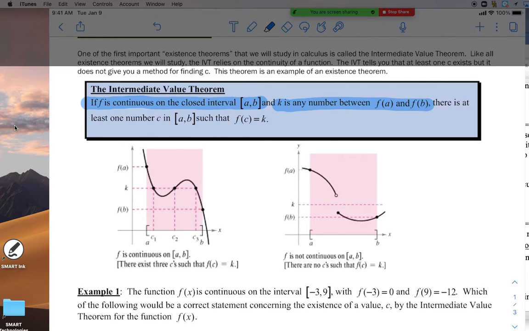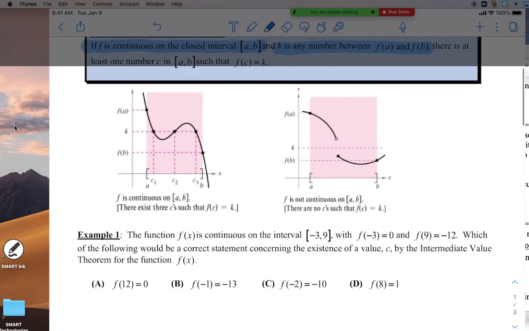Then you see this C is in between A and B, and this K value is between F of A and F of B. So there exists a C such that F of C equals K. Then here, F is not continuous. So there is no guarantee that F of C equals K.